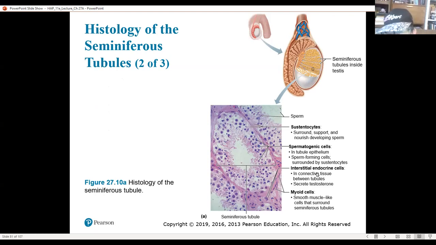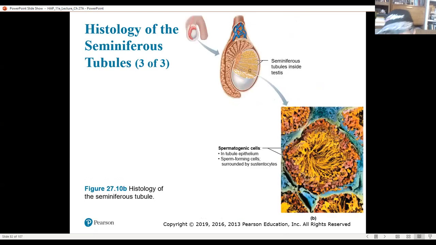The interstitial endocrine cells are located near these triangles, the interstitial space. Actually, those would be the myoid cells, smooth flat cells surrounding the seminiferous tubule. Those are the ones that are going to squeeze. The interstitial cells, the ones that make hormones, would be this one, probably this one, maybe that one. Big nucleus, big nucleus.